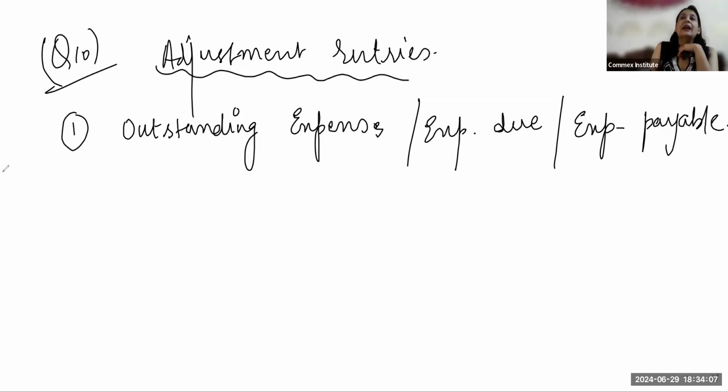What are these? The expenses which have become due, but we have not paid them. And they are current liability.